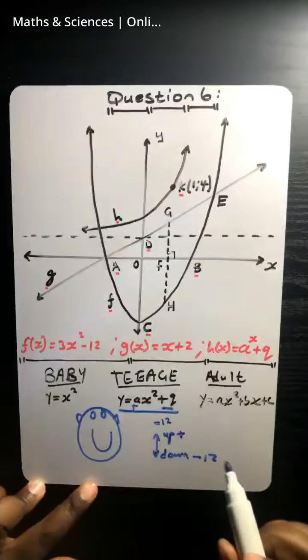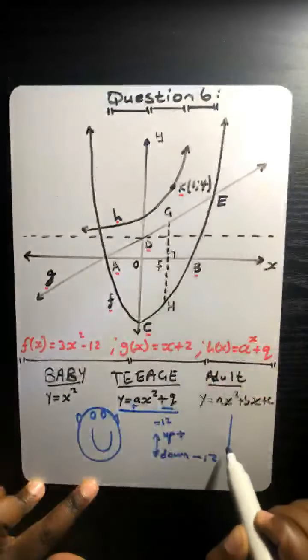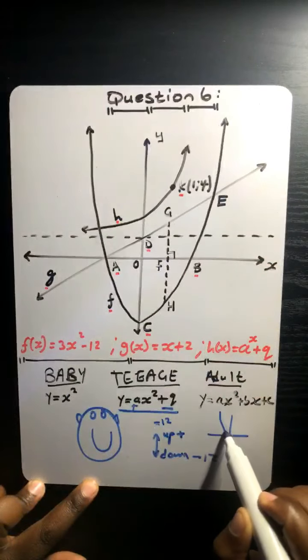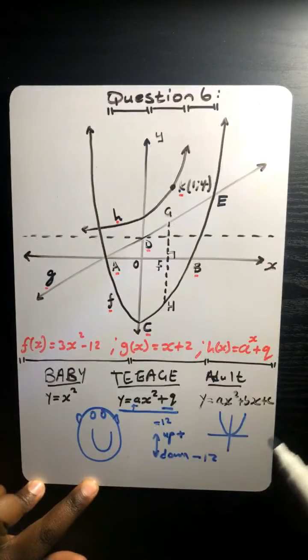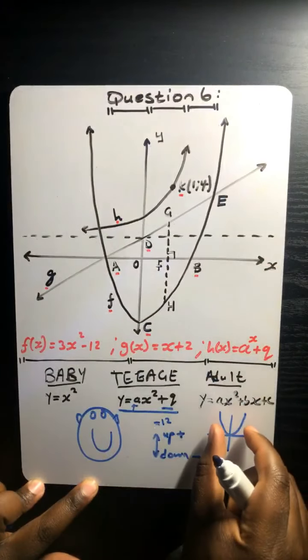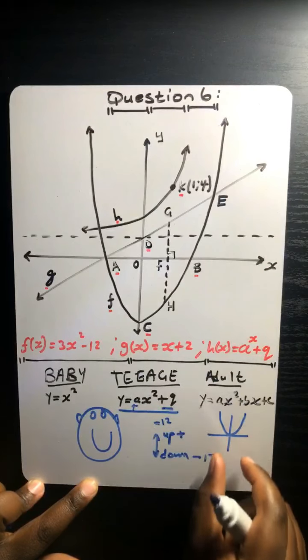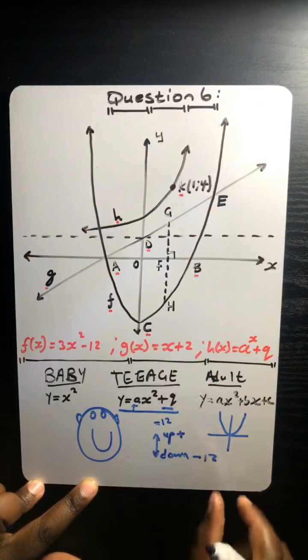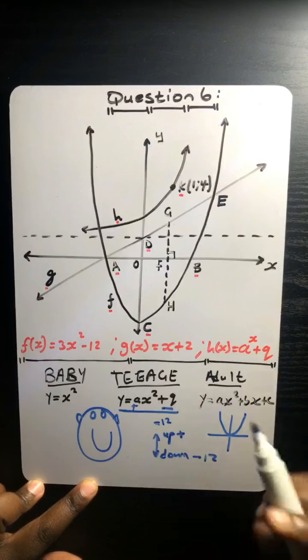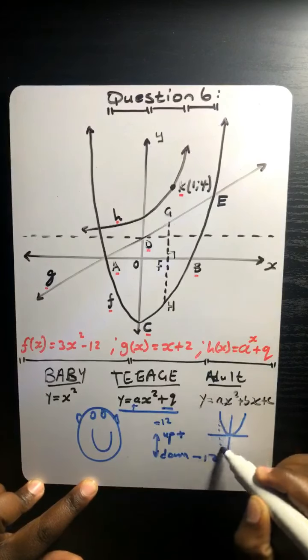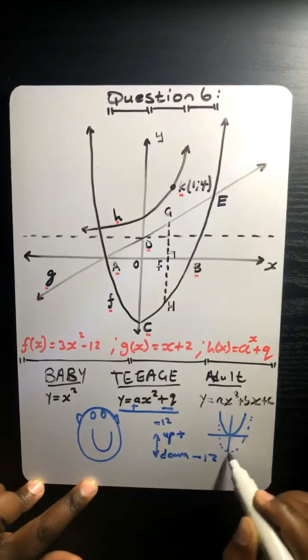So this function was on a Cartesian plane making a U-turn at the origin. But now we shift it by 1, 2, 3, 4, 5, 6, 7, 8, 9, 10, 11, 12. Therefore, it looks like that. That is why it makes a U-turn there.